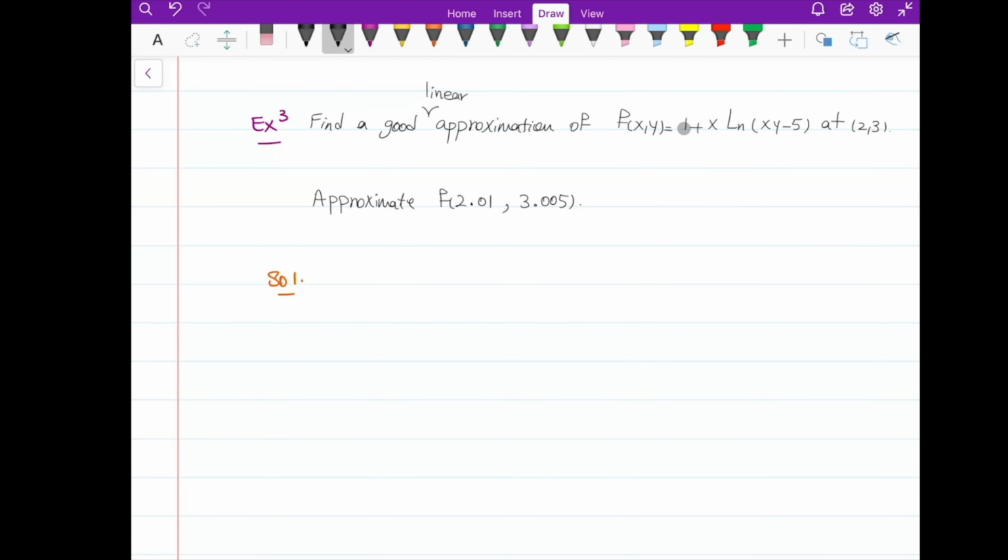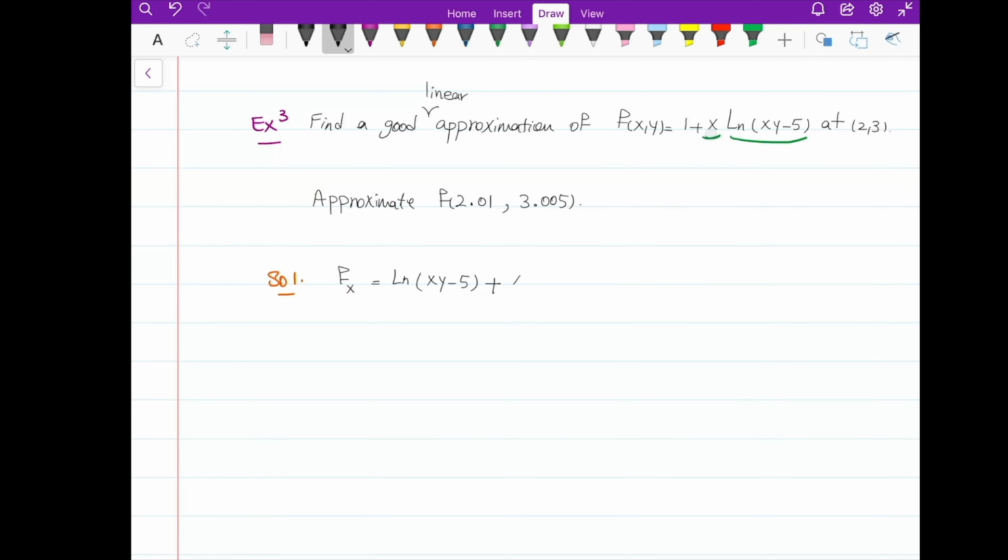For finding the linear approximation, I need to take the derivative with respect to x first. I have the product rule to use because I have a function of x in here and another function of x in here. It would be the derivative of the first one, which is 1, times the second one, so ln of (xy minus 5), plus the derivative of this one times that.